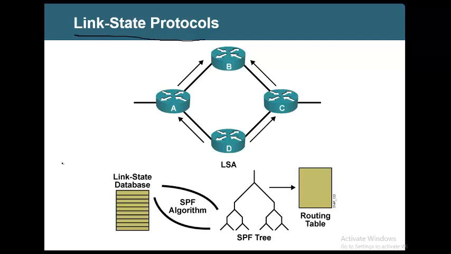So every router collects the link state advertisement and builds a database called link state database, LSDB. On top of this link state database, the LSDB is the topology map, and this map will be identical after a point of time.